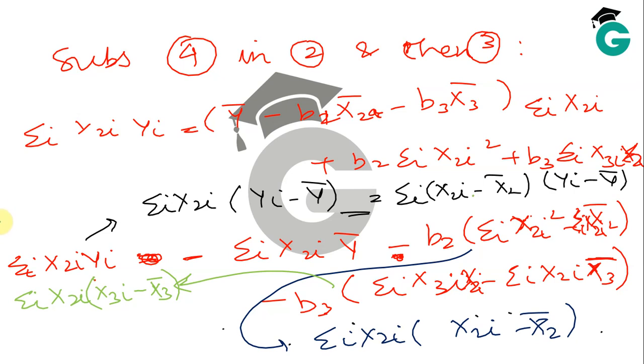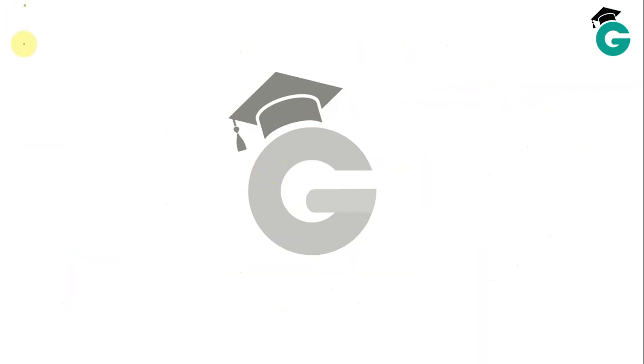So now that you have this, if you substitute the value of B1 in the FOC for B3, then you will get a very similar expression for B3 as well. Now the point is that how I'm going to write this is very important.